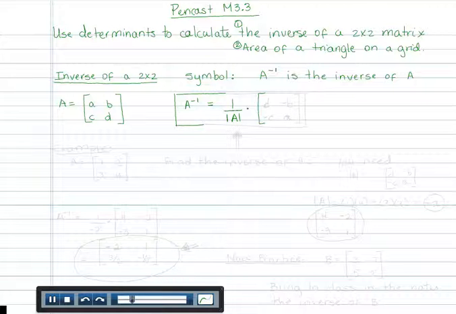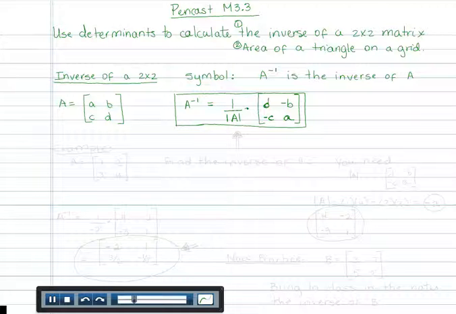The A and the D are going to swap. So you'll place the D over here and the A over here. The C and the B are going to stay in the same place, but you're going to change the sign. And then your answer is going to be this new matrix that you have constructed times 1 over the determinant.